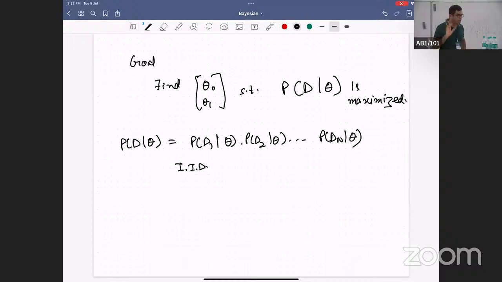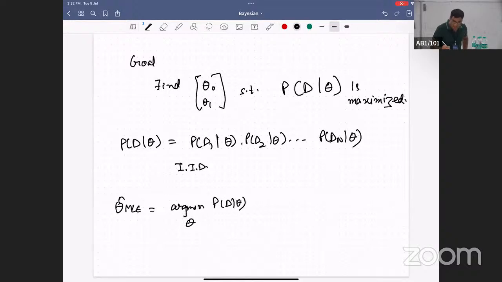So now the only thing you need to figure out in order to solve this: you're trying to find theta at MLE equal to argmax over theta of P of D given theta, right? Now, if you can figure out this particular term, the probability of data set observation 1 given theta parameters, then you're solved. Then you have basically figured out this problem.